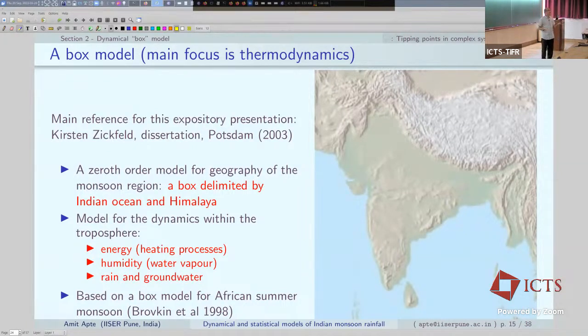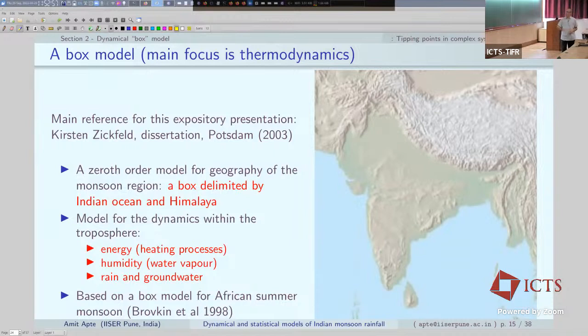But essentially, the crux of the last two slides was that developing models based on first principles, in the sense of trying to understand the physics of the system, fluid dynamics, thermodynamics, and all of that, and putting it all together really does not work very well for this system because of the complexity. What we need is more phenomenological aspects, trying to understand relations between different variables using the data sets and then putting them in a dynamical model, which is the focus here.